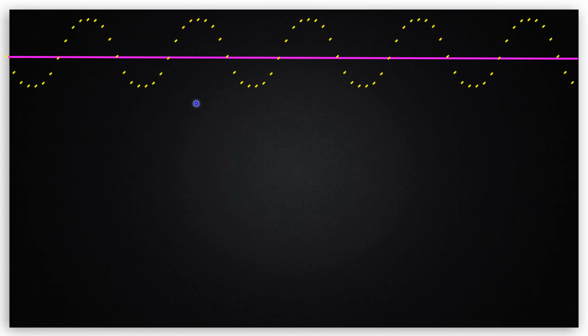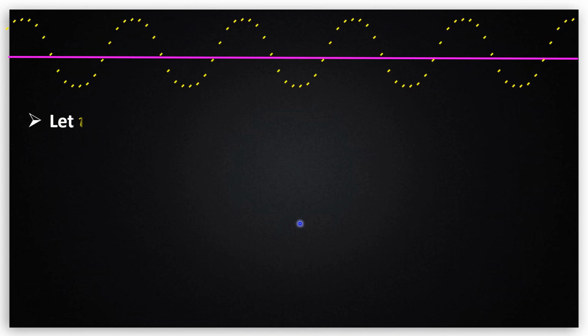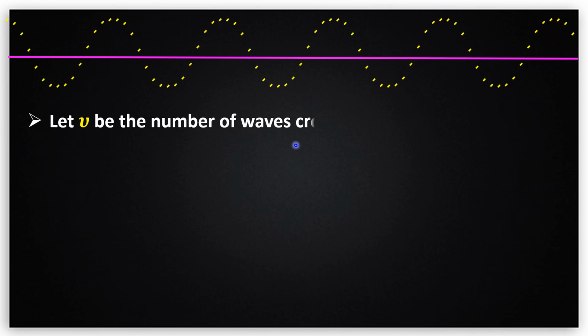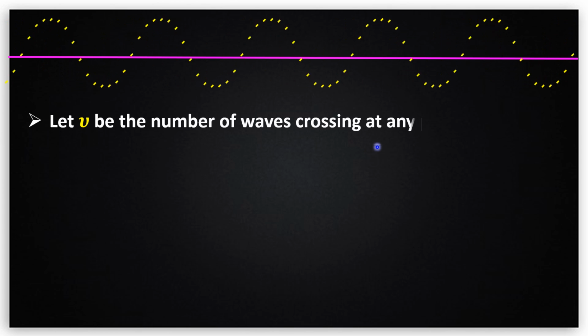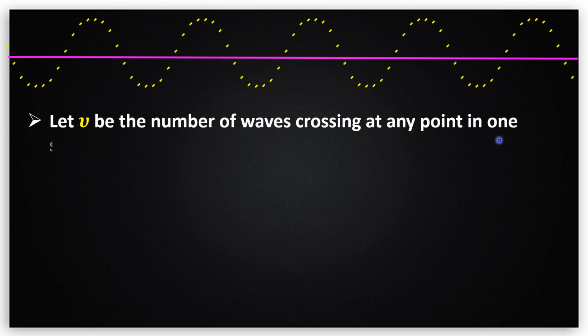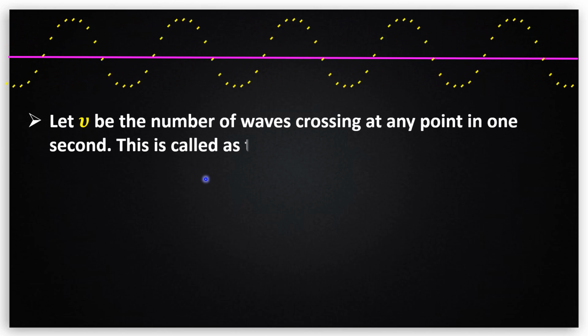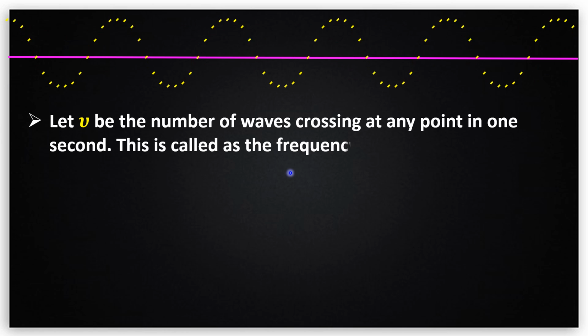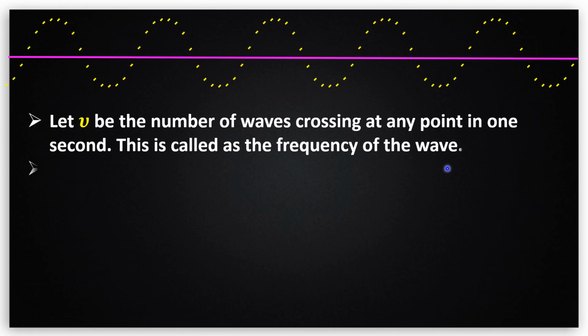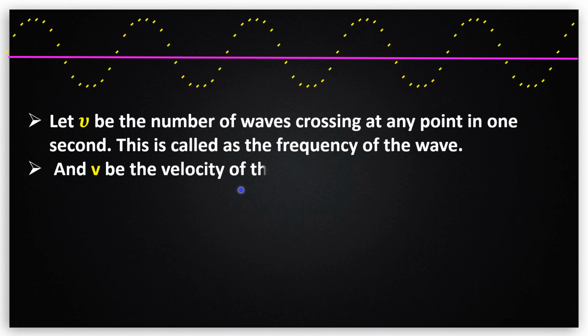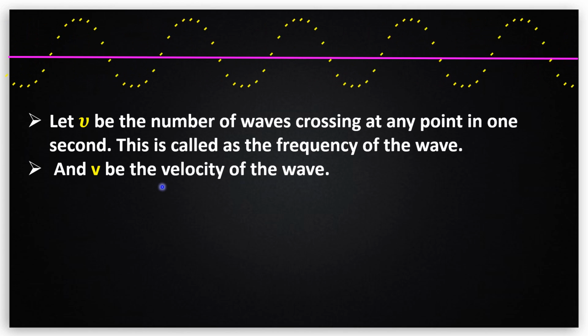Okay, let nu be the number of waves crossing any point in 1 second. This is called the frequency of the wave, and let v be the velocity of the wave.